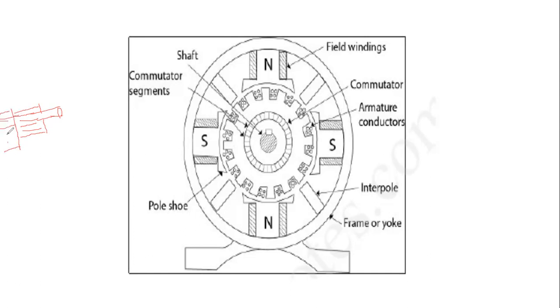These are the armature. This is the shaft. It is the rotating part of a DC machine.